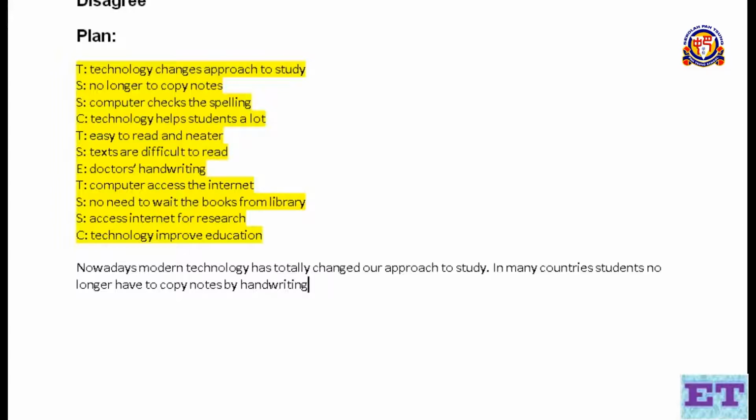or they don't need to copy it from the blackboard, or the whiteboard, or by hand. By hand from the whiteboard or blackboard, right? Okay, from blackboard, right?